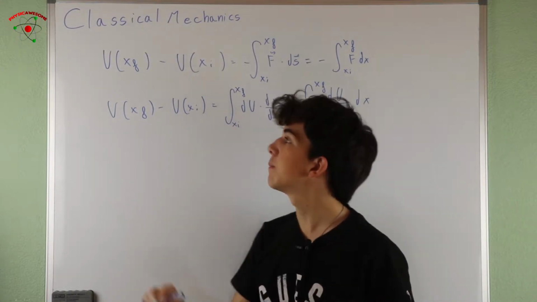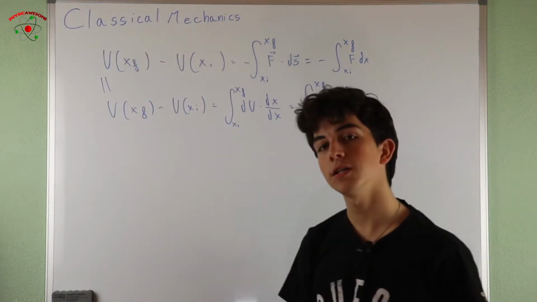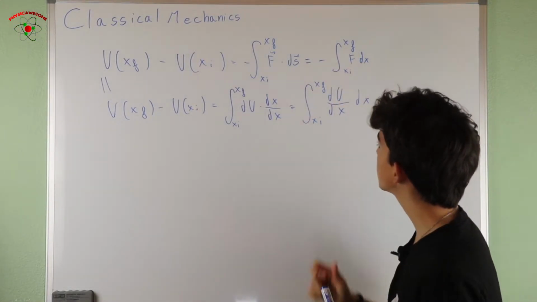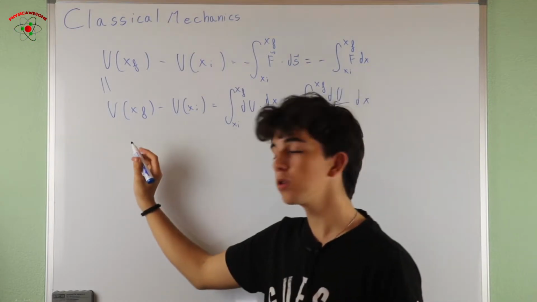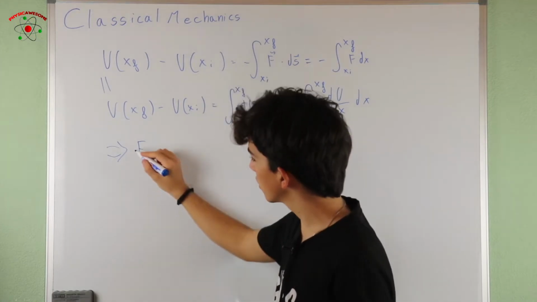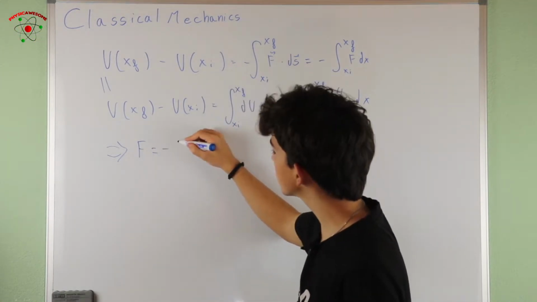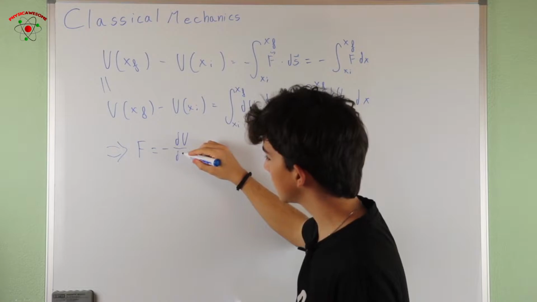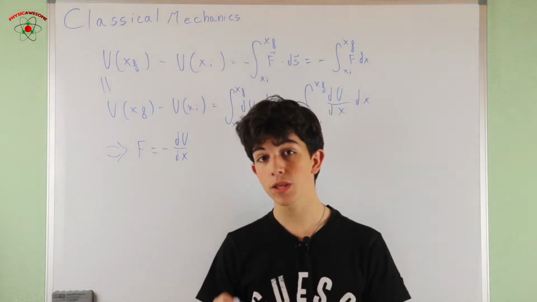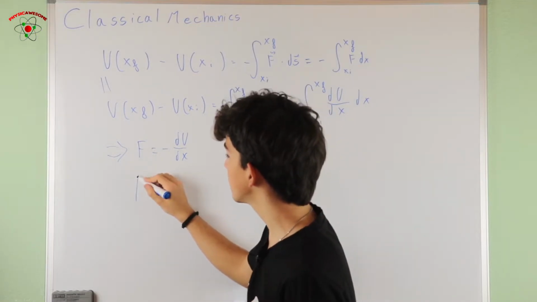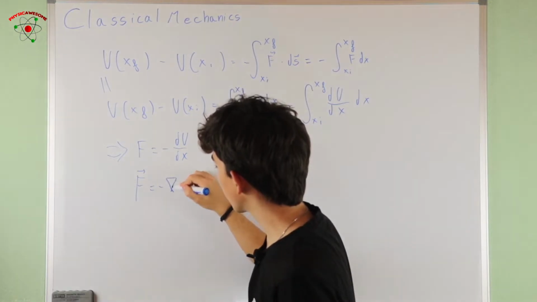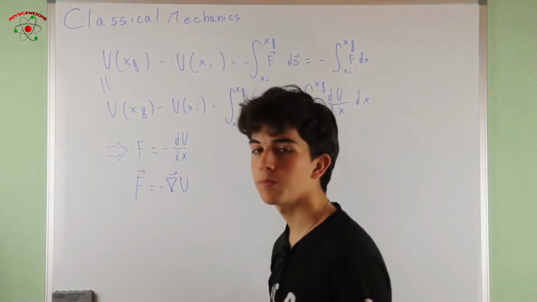And now, by equating both sides, we find that the things inside the integrals need to be the same. And we conclude that force equals minus dU/dx. In general, in 3 dimensions, we can generalize this to force being equal to minus the gradient of potential energy.